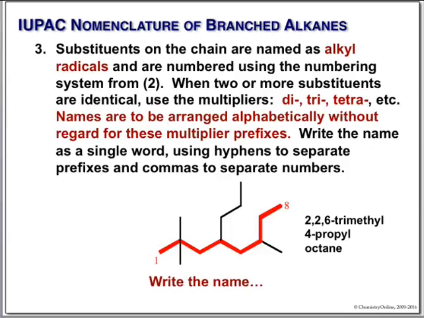Our name is going to be listed alphabetically. The parent is going to come last, as it often does. When we have a multiplier, we ignore the multiplier and just go to the group. So this is an M, and that's a P. The first thing we would write would be our 2,2,6-trimethyl.